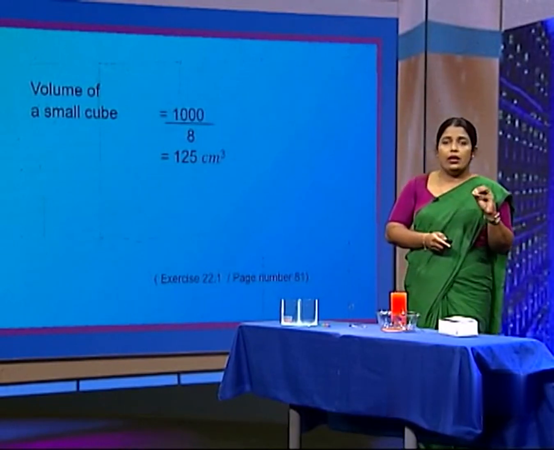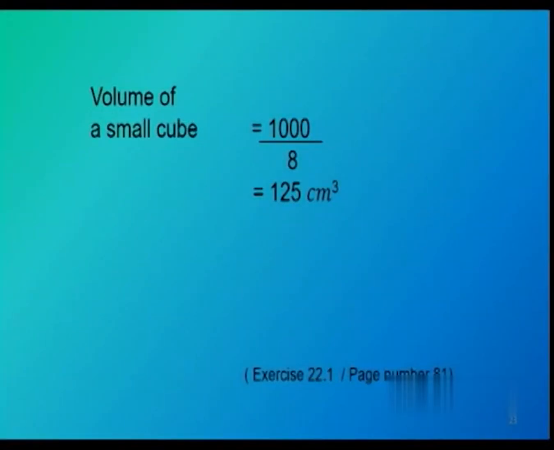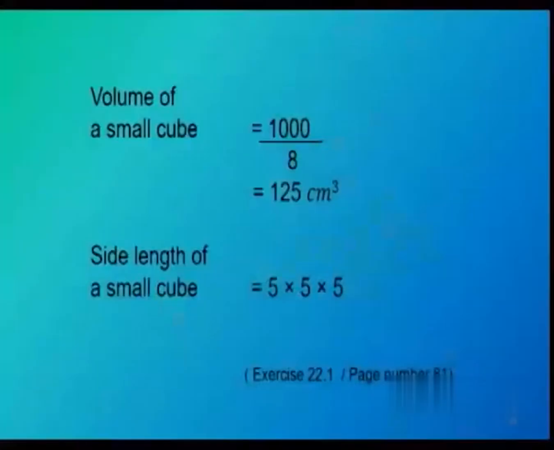Now, tell me, how do you find out the side length of this small cube? You already know that if you multiply 5 three times, you can get the value 125. So, the side length of the small cube is 5 centimeters.